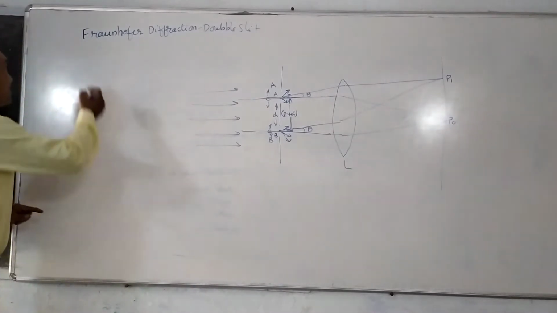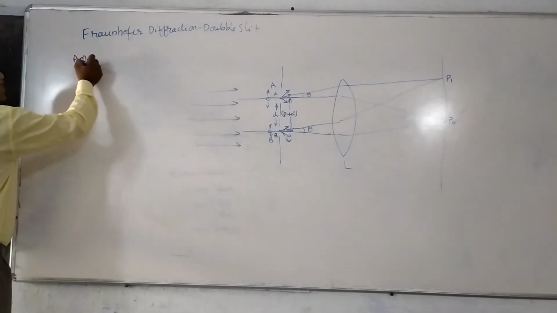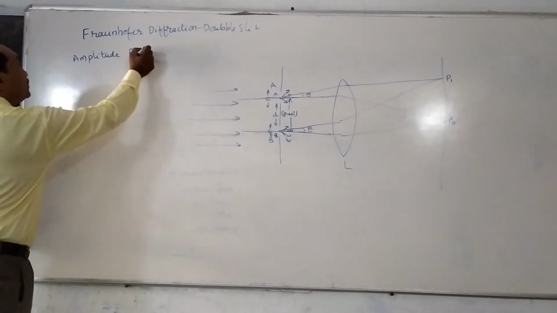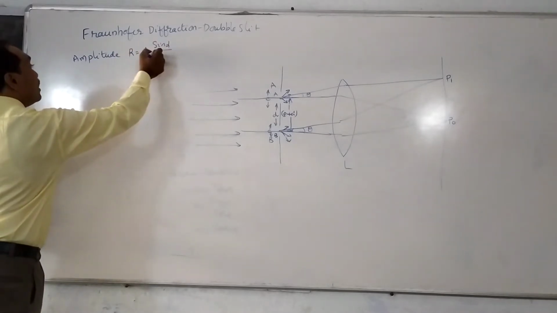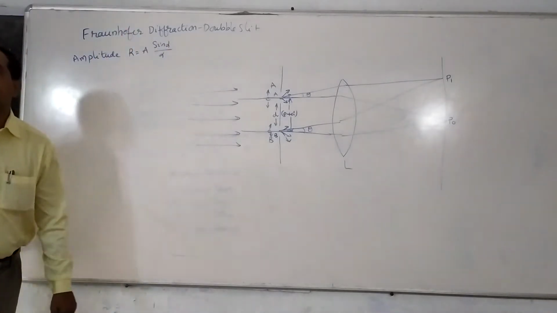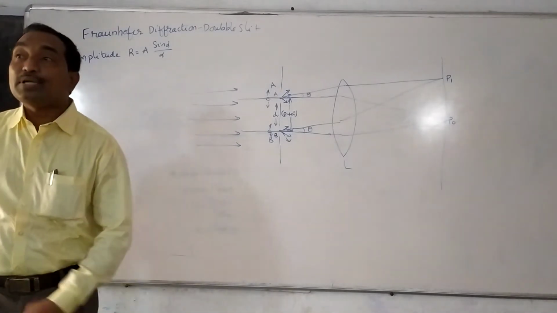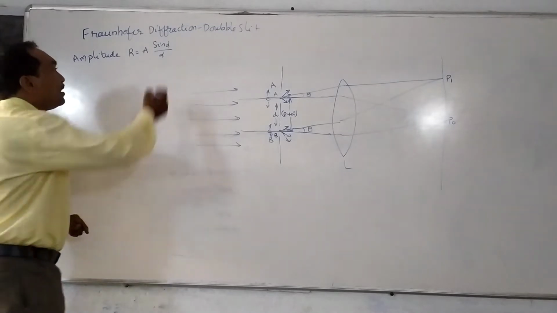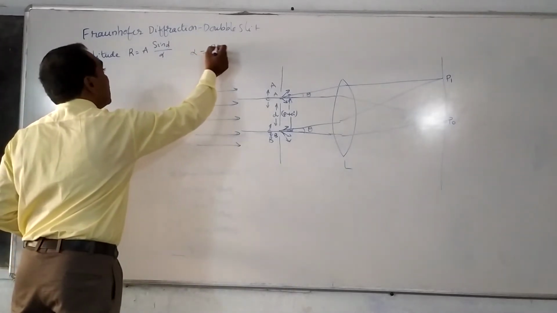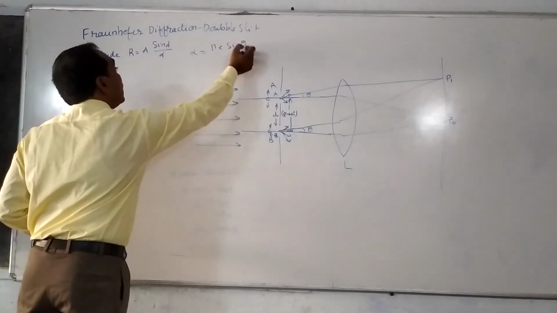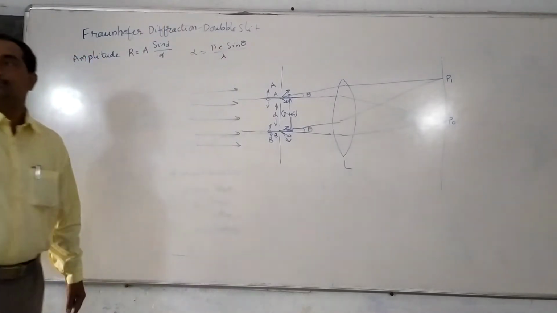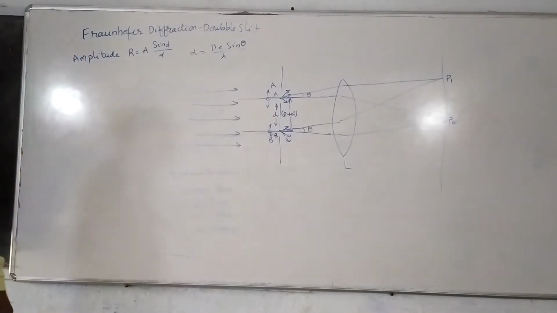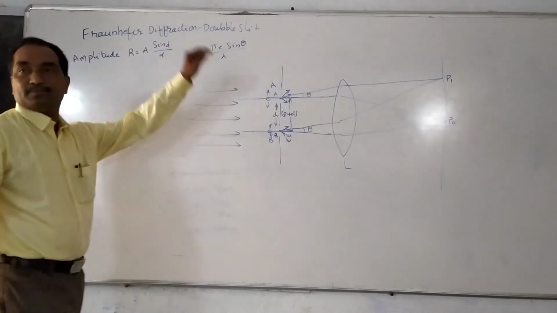Already we discussed in the previous class that the amplitude R is equal to A sin alpha by alpha, where A is the maximum amplitude of the single wave, and alpha is equal to pi e sin theta by lambda. Lambda is the wavelength of light used, theta is the angle of diffraction, and e is the slit width.